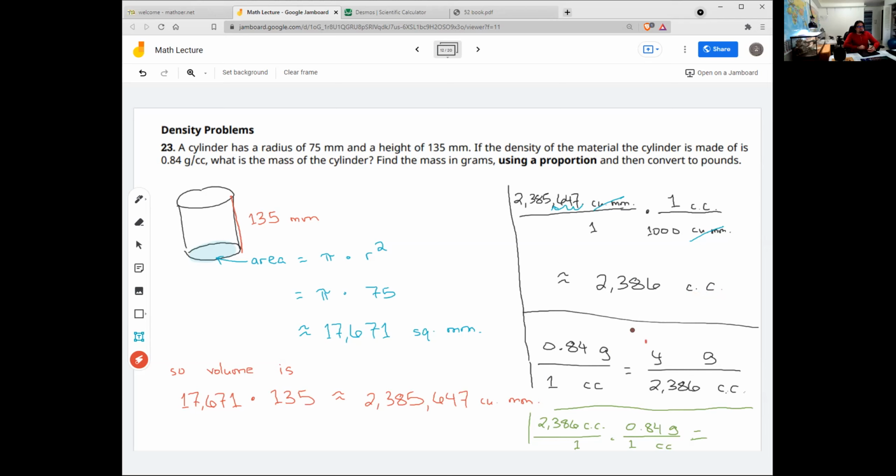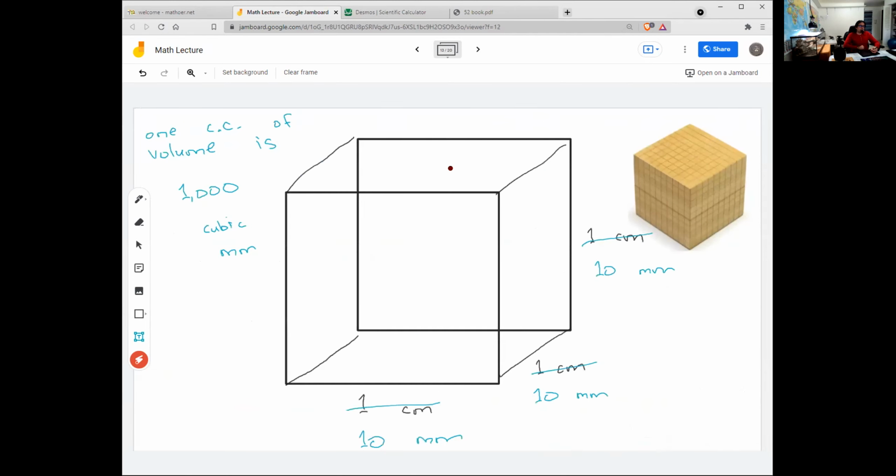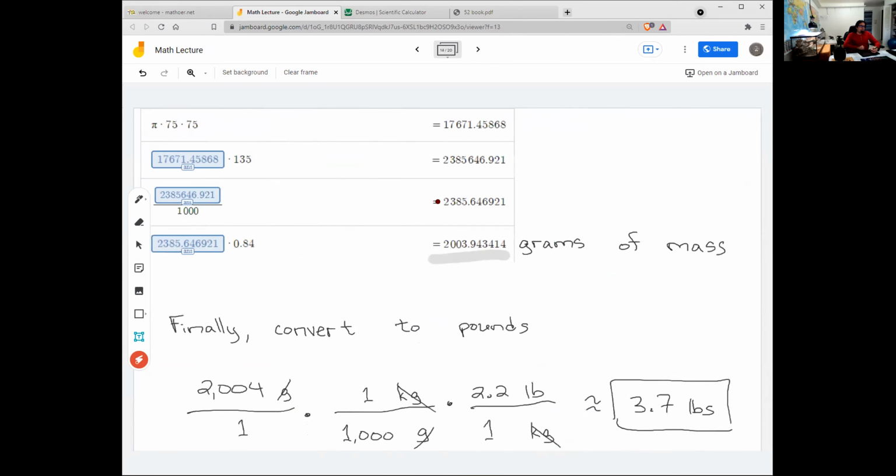Then we did something, either this or that, to change it from a volume to a weight. That's what density does. And then once we had the weight, we said, I have no idea what 2,004 grams is. Is that a lot? Is that a little?